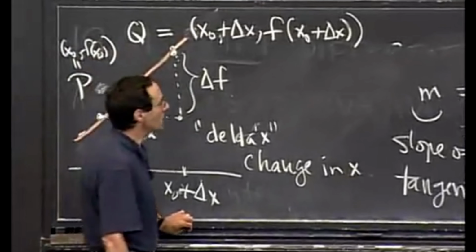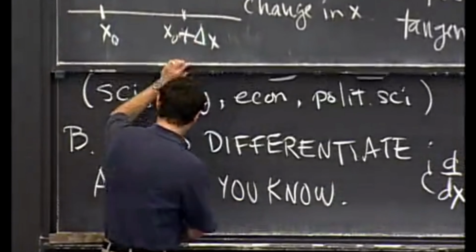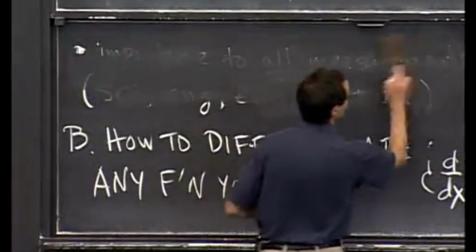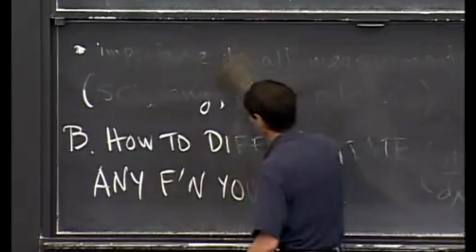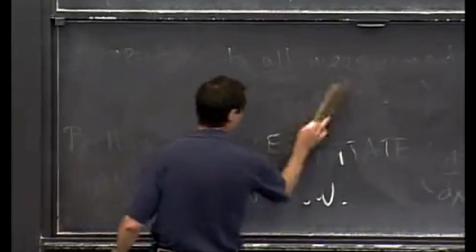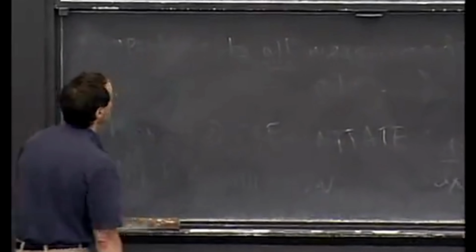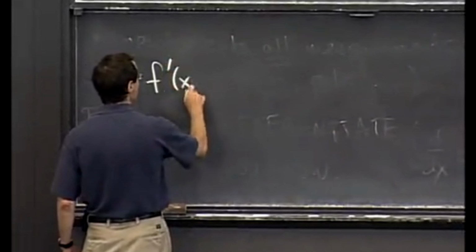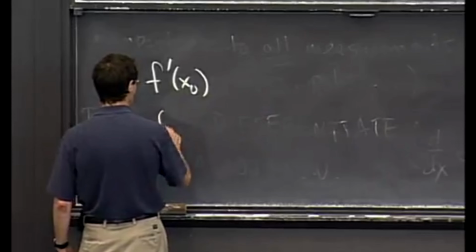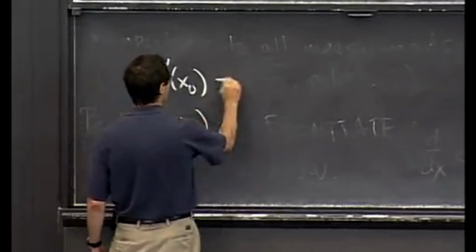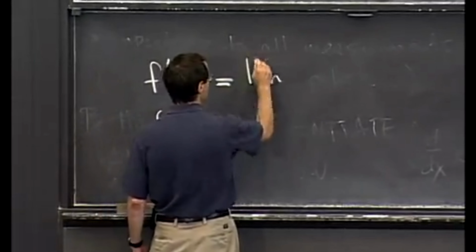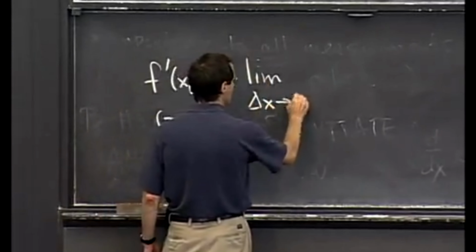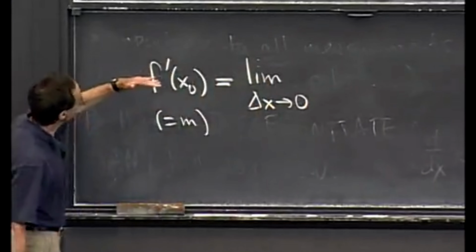And now I can write a different formula for the derivative, which is the following. This f prime of x0, which is the same as m, is going to be the limit as delta x goes to 0 of the change in f.